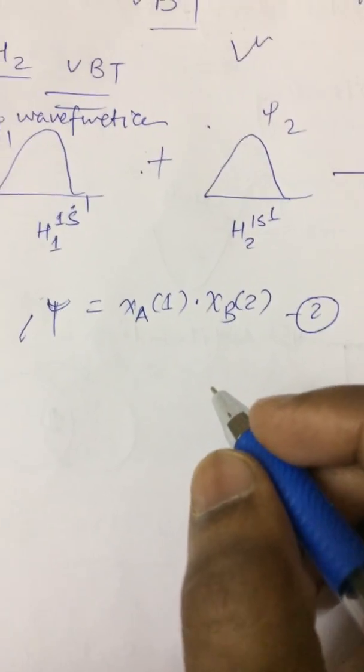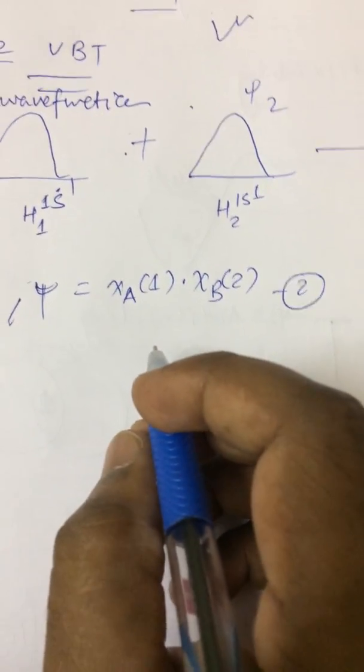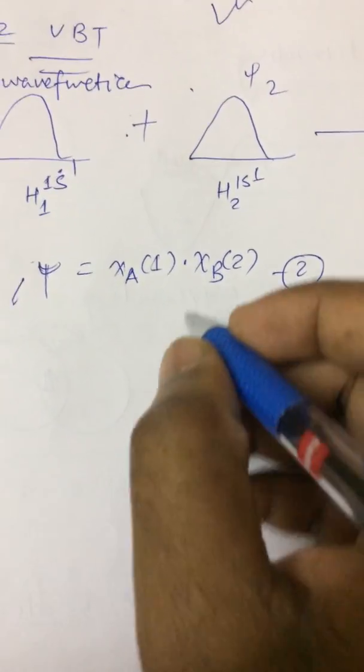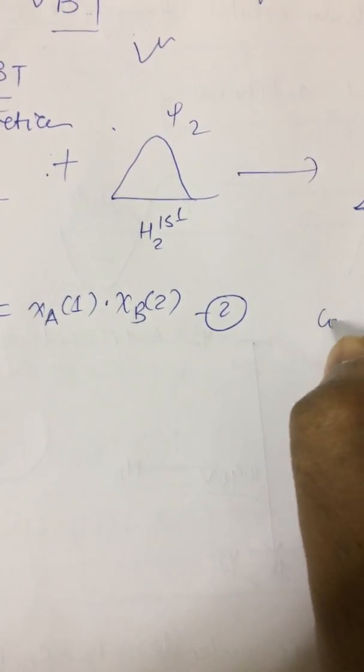Here chi denotes the atomic orbital. We mainly discuss this chi in computational chemistry.